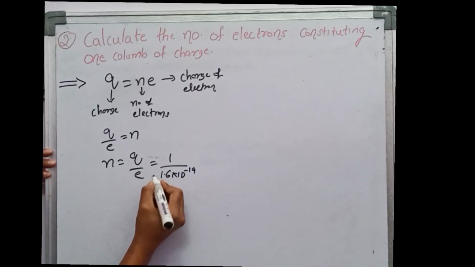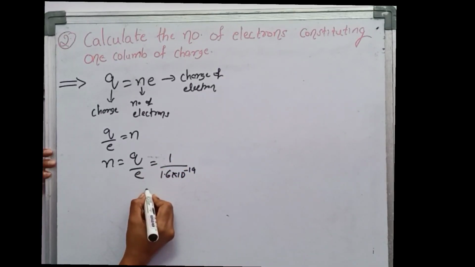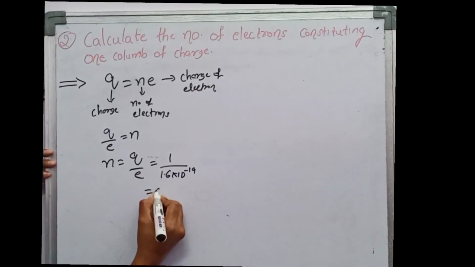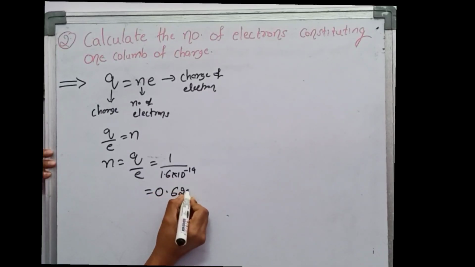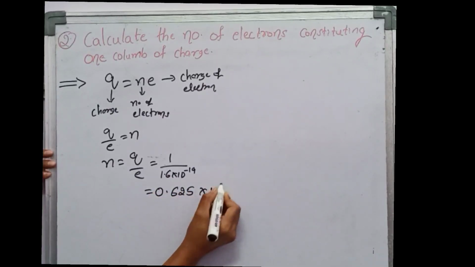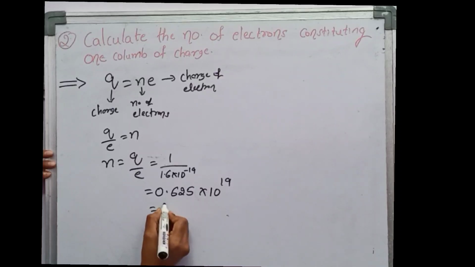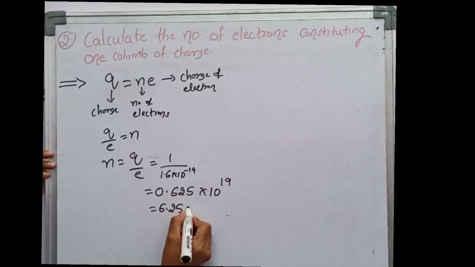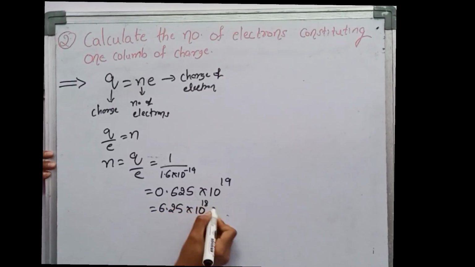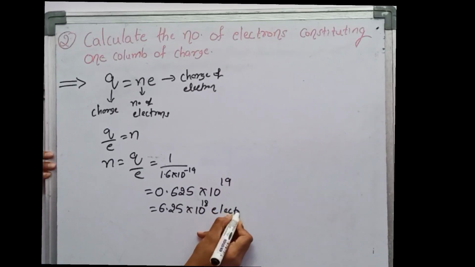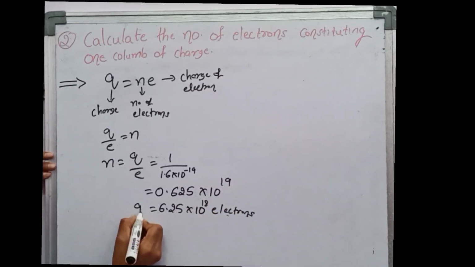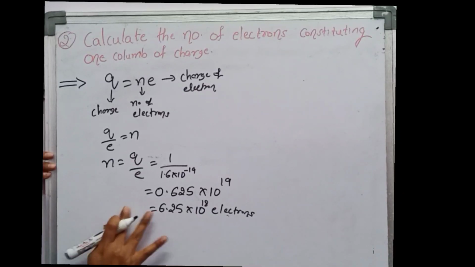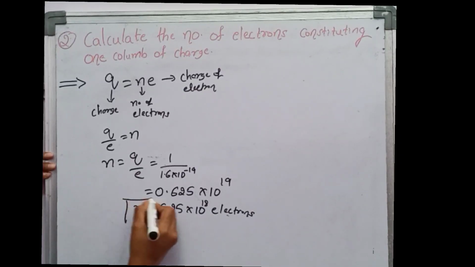Substituting and calculating, we get approximately 0.65 into 10 raised to 19 electrons. If I shift the point, it is 6.25 into 10 raised to 18 electrons. This is N, the number of electrons.